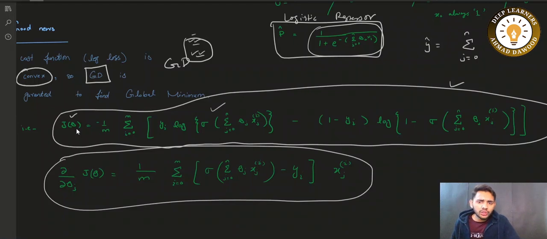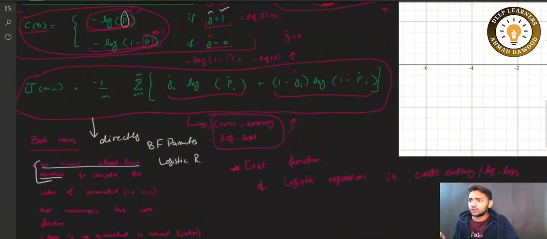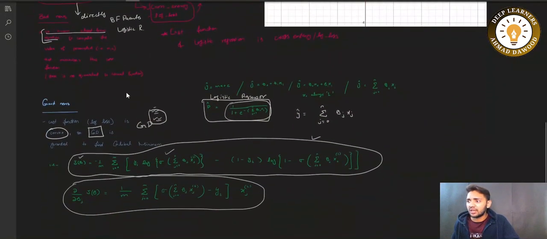No need to remember these equations. You can just remember the cost function if you want, but there is no need to remember the equation of the partial derivative, because it is just to give you the concept, the idea of how the process is carried out.